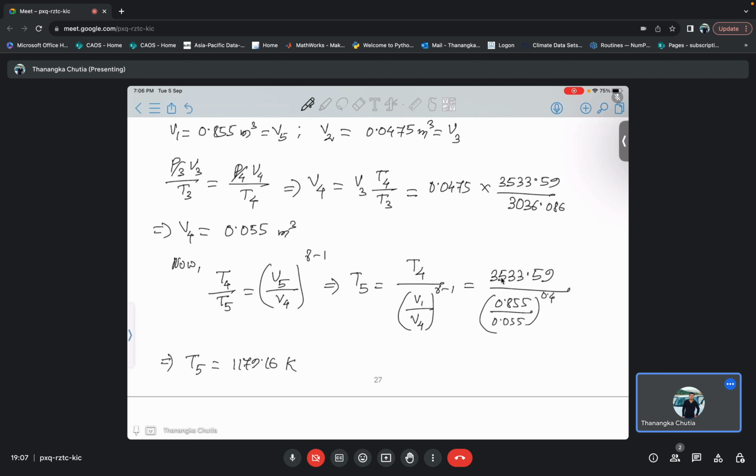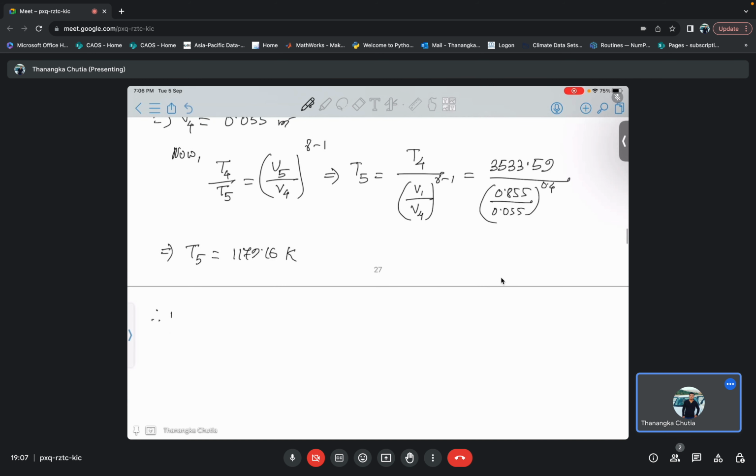Okay, so T5 is 1179.16 Kelvin. Therefore eta now will be equal to 1 minus Q output divided by Q input. Once again your Q input is 2000 because we have just changed the input values in different processes, not the total heat input. Now Q out will be again Cv times (T5 minus T1).